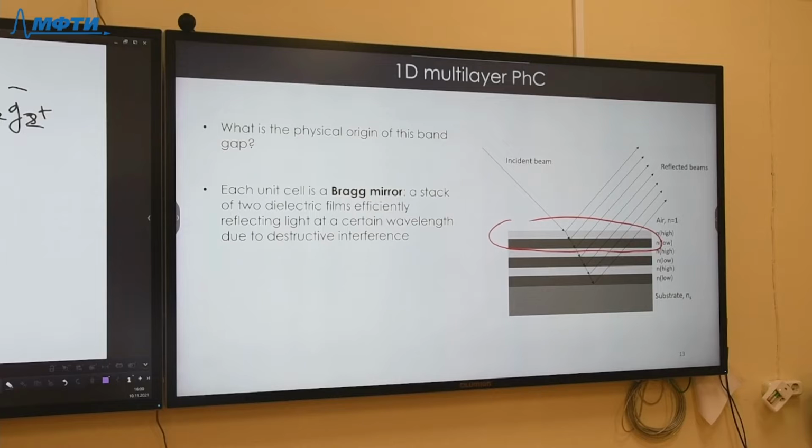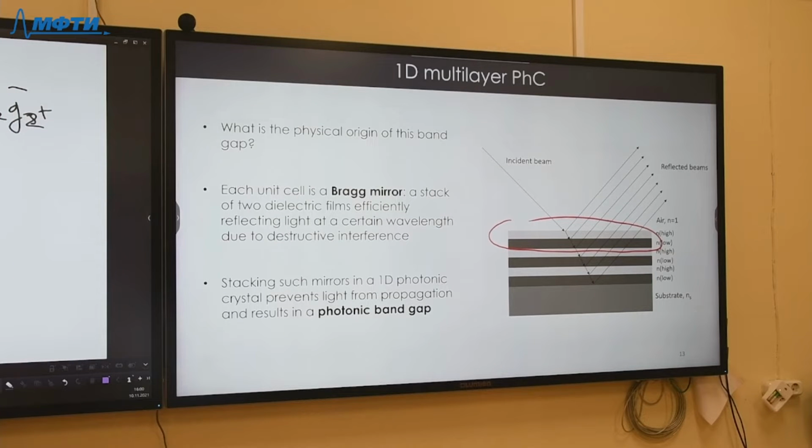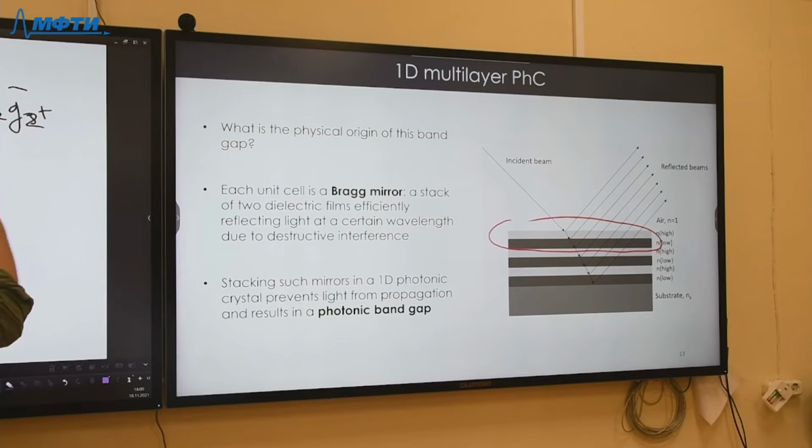When we make this stack of mirrors infinite and truly periodic, there is no more incident light, there is no more transmitted light, there is just a certain Bloch state that exists within the entire periodic structure, and that Bloch state cannot propagate, it will exponentially decay inside the photonic crystal, and that will form a photonic band gap, a region of frequencies with no propagating states within. This is the physical origin of the photonic band gap in the simplest photonic crystal ever, the 1D multilayer photonic crystal we're going to look at.